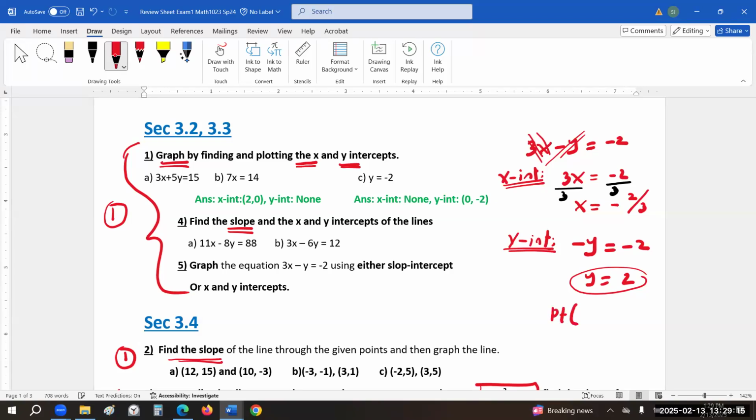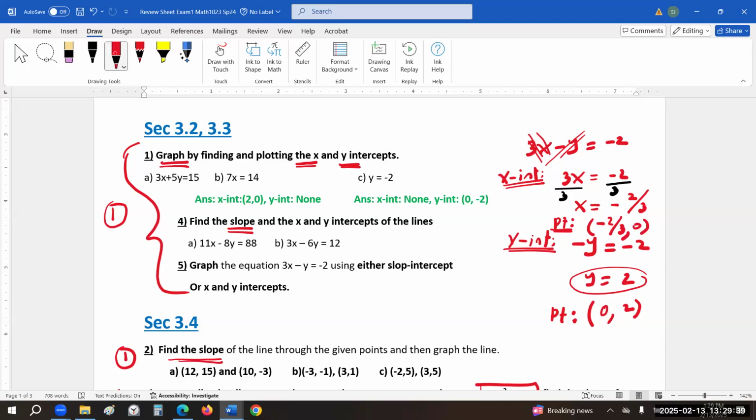So how are you going to write point form? For the y-intercept, our x is 0 and y is whatever we got. And for the x-intercept, x is whatever we have, but what is y? 0.